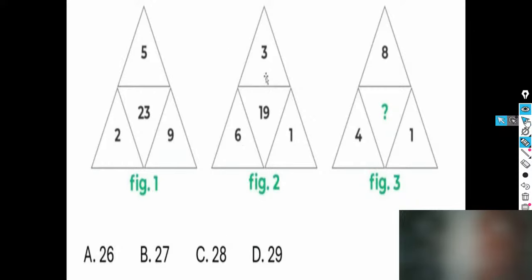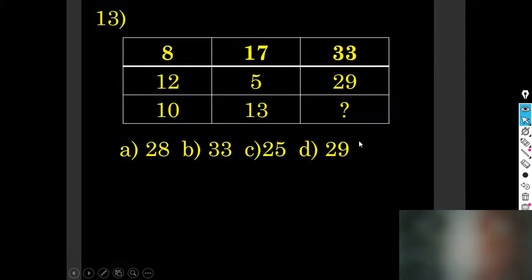Option D is the correct answer. So why 29?